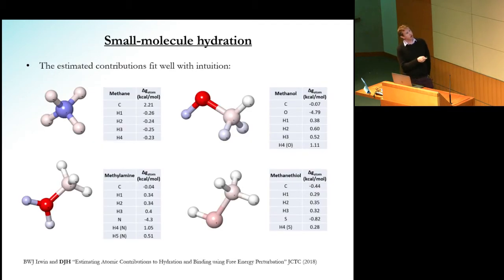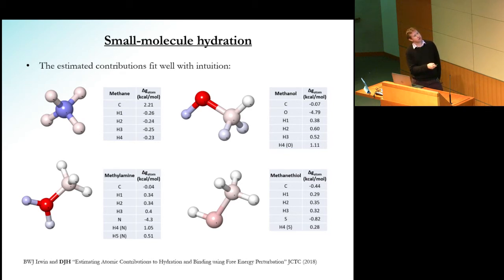So then you can go ahead and color based on these contributions. This is methane, hydrophobic, unfavorable, but you can decompose this into the contributions of the hydrogen atoms versus the carbons. Methanol kind of makes sense. You've got a very polar oxygen that makes the majority of the favorable interactions.